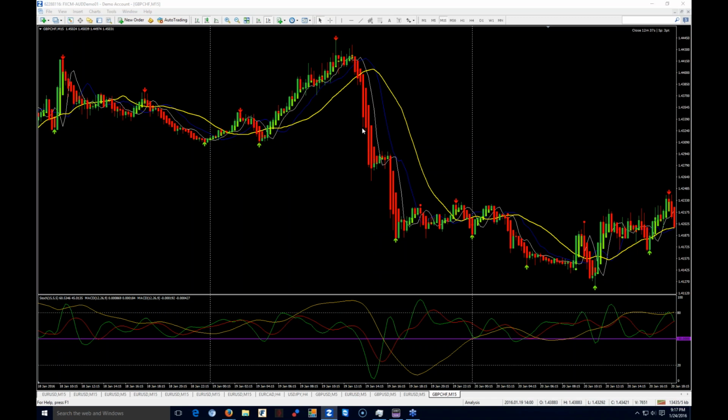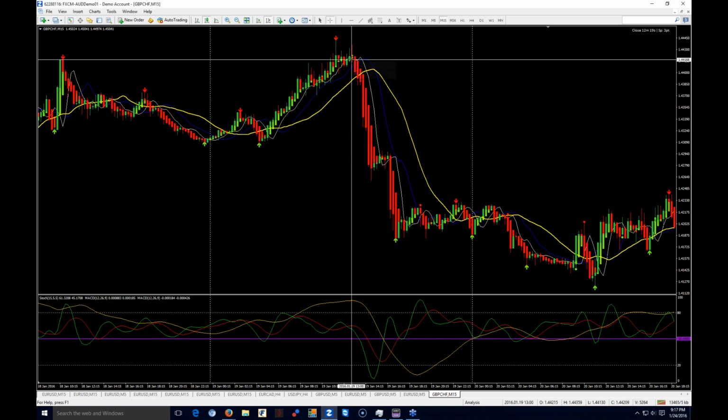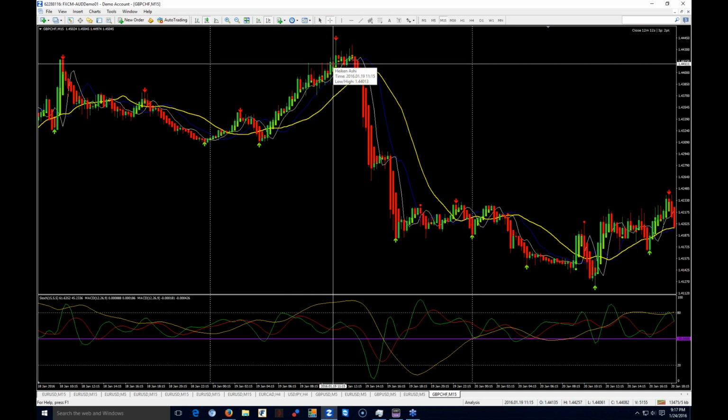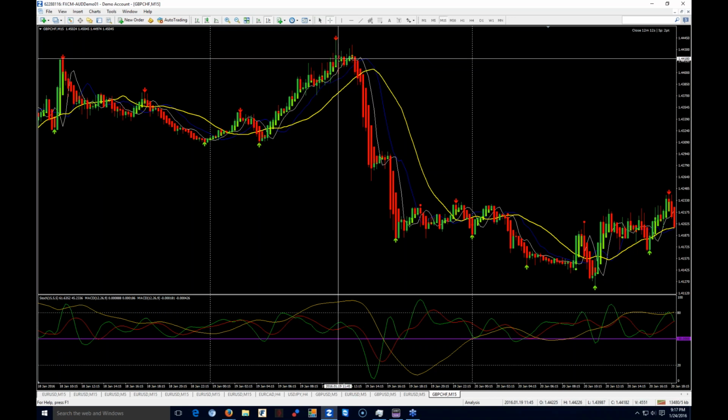Visually see. Yeah, so 4 a.m. So it's 11:15 for that one and 12. So 11:15 is that one, so that's 4:30. 12 was this one here.